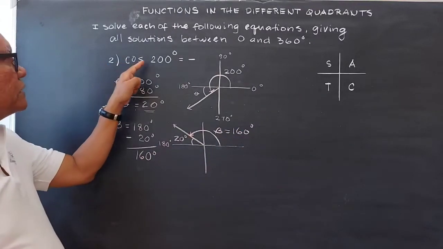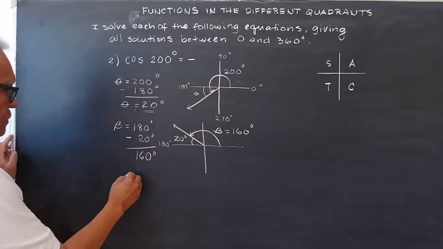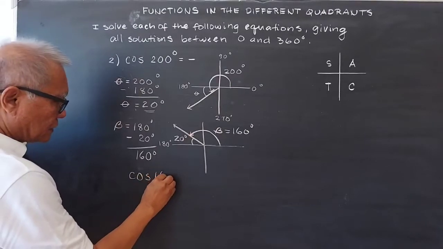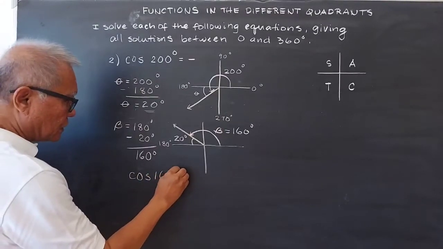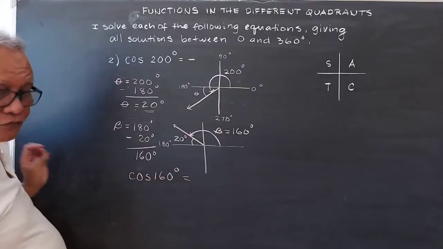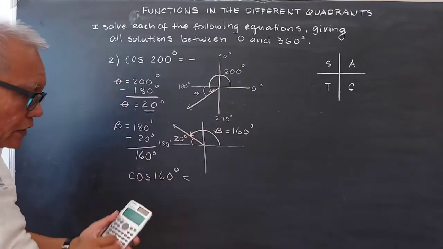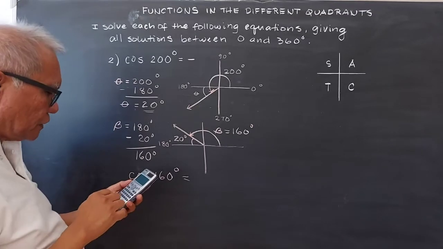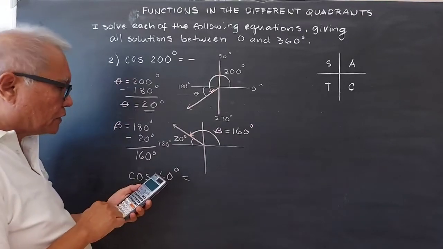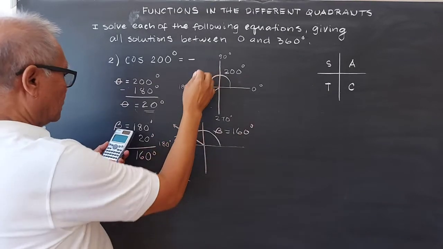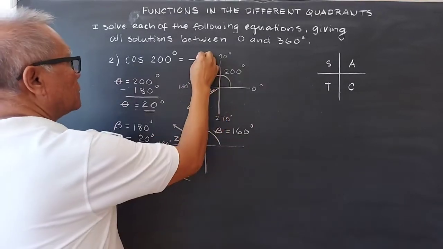So our cosine 200 degrees is also equal to cosine 160 degrees. If you are going to find the value of cosine 160 and cosine 200, let's use our calculator here. Cosine 200 is equal to negative 0.94.